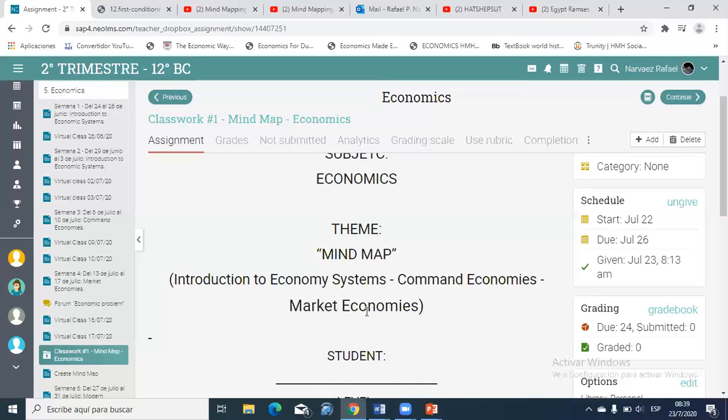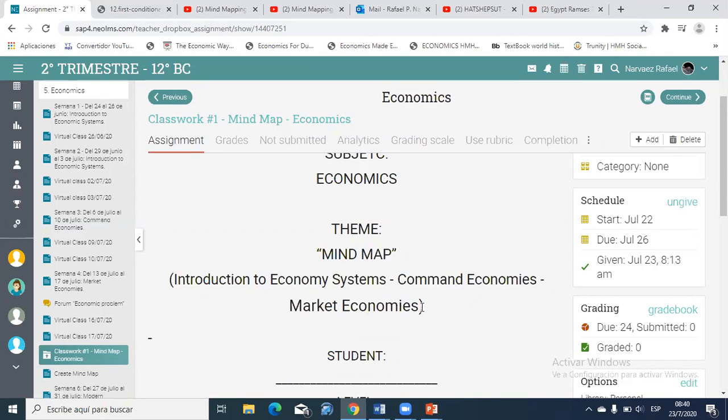Property ownership, consumer sovereignty, competition, and I can't remember the other one, but anyway, we spoke about 5 features of this market economy, and tomorrow we're going to talk about the advantages and disadvantages, and that's it.